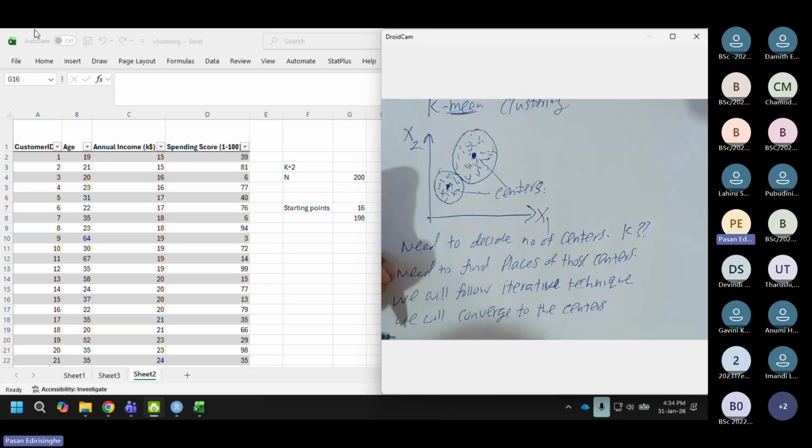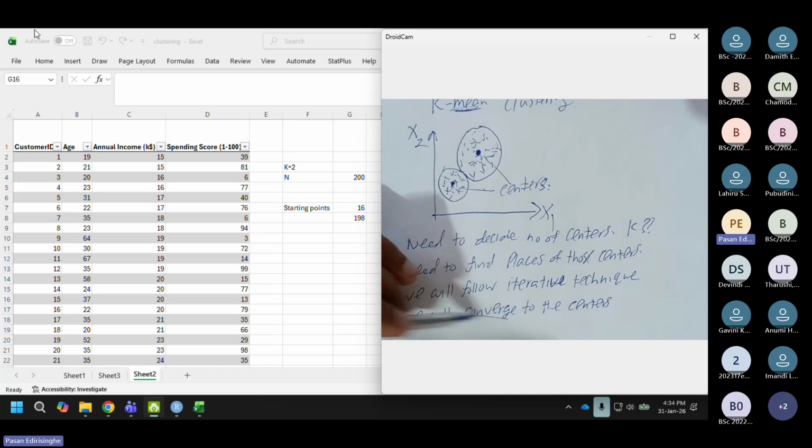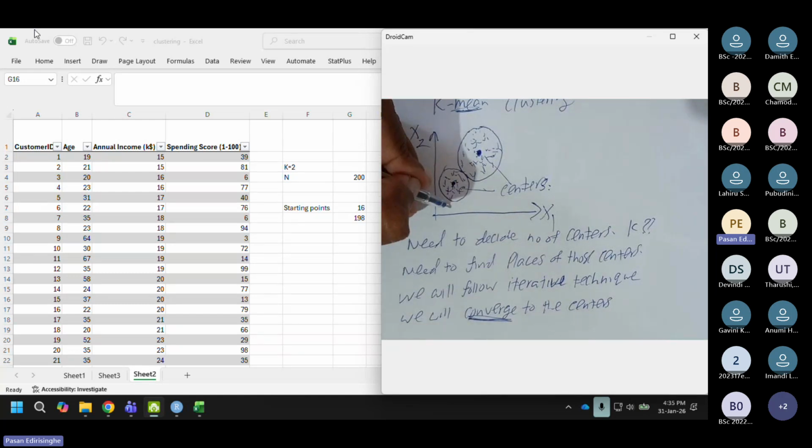So one of the things that we need to worry about is that, as we are looking at our convergence here, it will depend on your starting point. We need to start from somewhere. We may be starting from here and here, or we can start from here and here, or here and here, right?